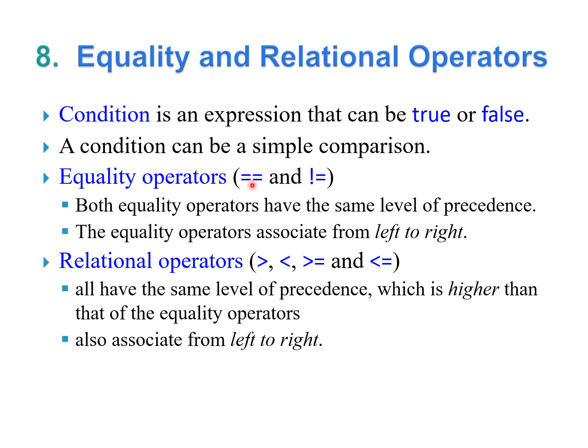Both equality operators have the same level of precedence. There are four relational operators: larger than, less than, larger than or equal to, and less than or equal to, all of which have the same level of precedence, which is higher than that of the equality operators.